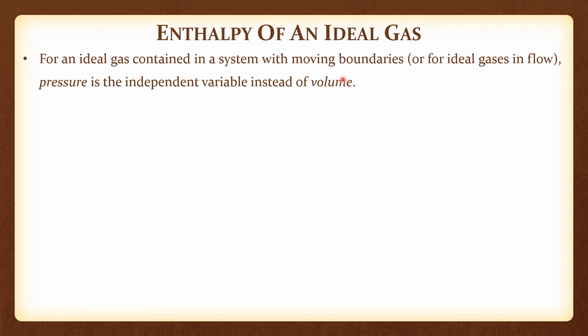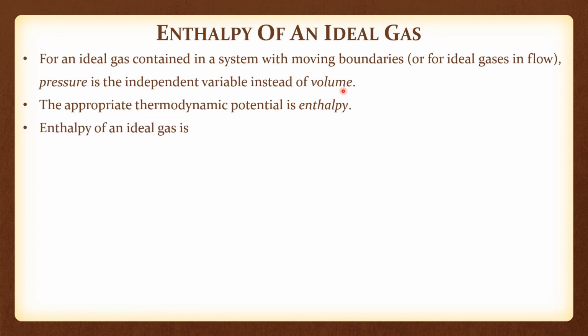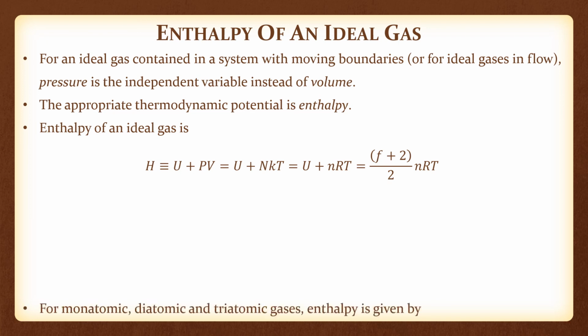For an ideal gas contained in a system with moving boundaries, or for ideal gases in flow, pressure is the independent variable instead of volume. So the appropriate thermodynamic potential would be enthalpy. Enthalpy of an ideal gas is simply given by H is U plus PV. PV we know is NkT or nRT, and therefore this is f by 2 nRT, and this is 2 by 2 nRT, and therefore the enthalpy is simply (f plus 2) by 2 nRT.